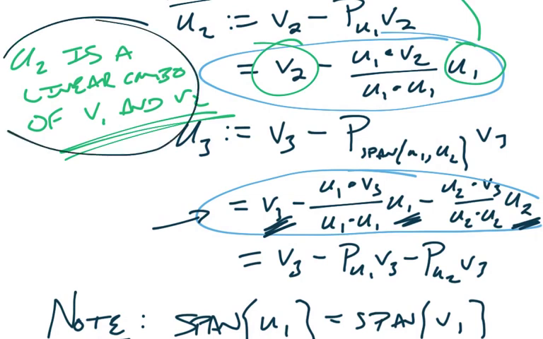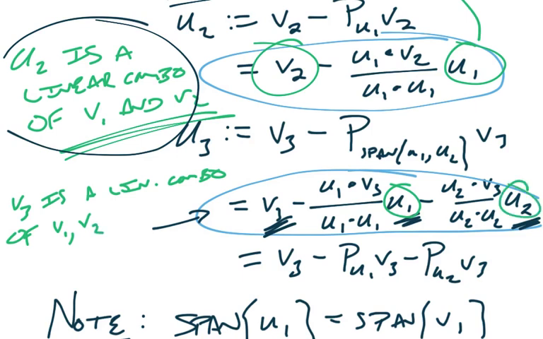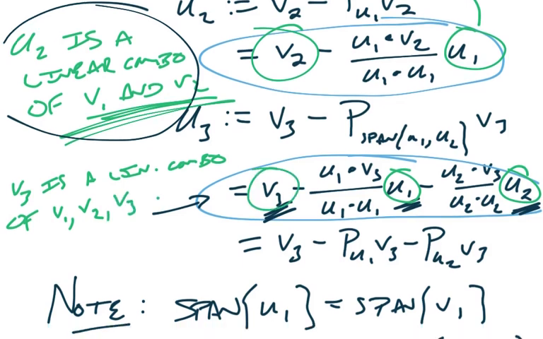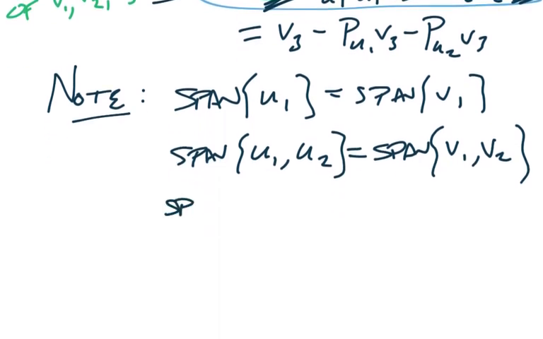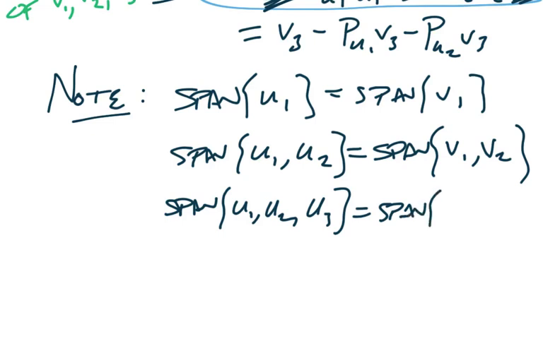So this really tells us that v3, if I write it in green here, is a linear combo of v1, because u1 is present, which is v1, v2, because u2 is present and u2 is a linear combo of both v1 and v2, so v2 is included, and v3 is right there. So if I look at the span of u1, u2, and u3 all together, this is the same as the span of v1, v2, and v3 all together.